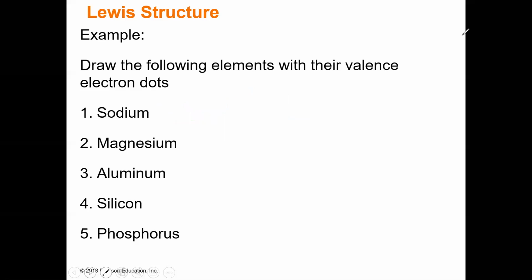All right, let's try number 2, magnesium. For magnesium, let's write out its condensed noble gas configuration. So we have neon, and then we have 3s2. So that means that we have 2 valence electrons for magnesium.